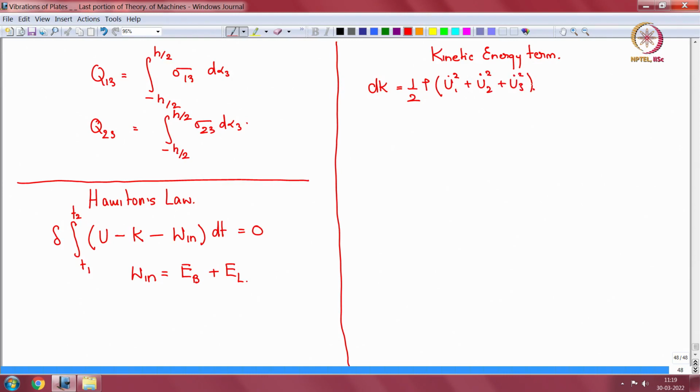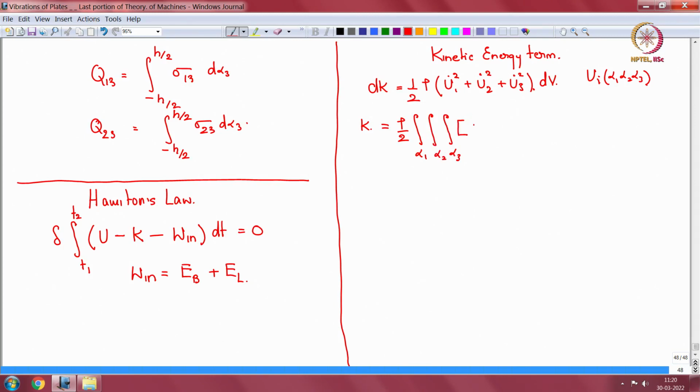These are big U's. Each is a function of alpha 1, alpha 2, alpha 3 over a differential volume dV. So now over the entire structure we have K, that becomes rho by 2 integral over alpha 1, integral over alpha 2, integral over alpha 3.